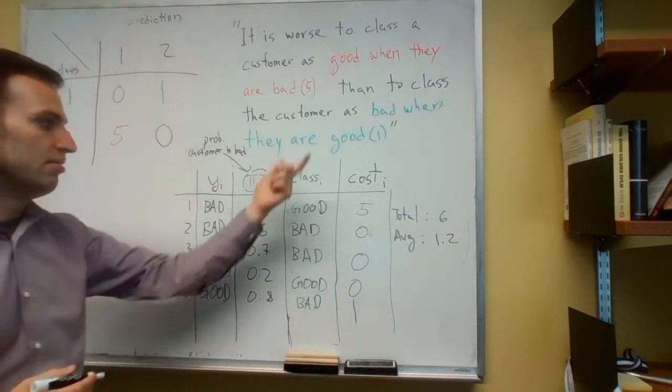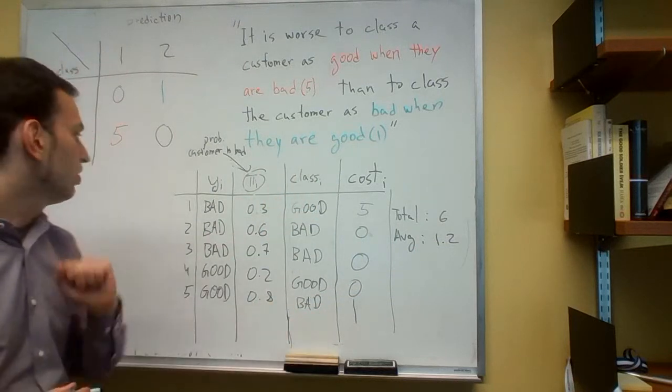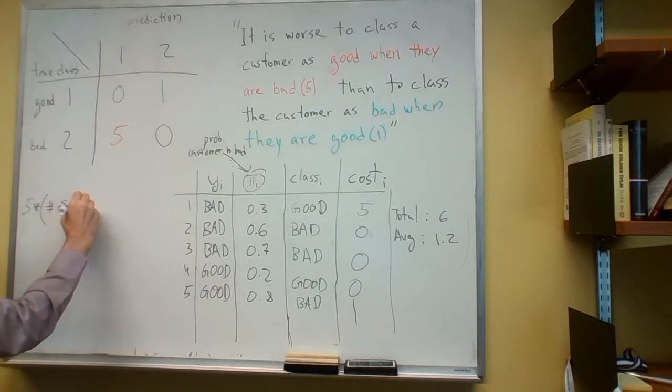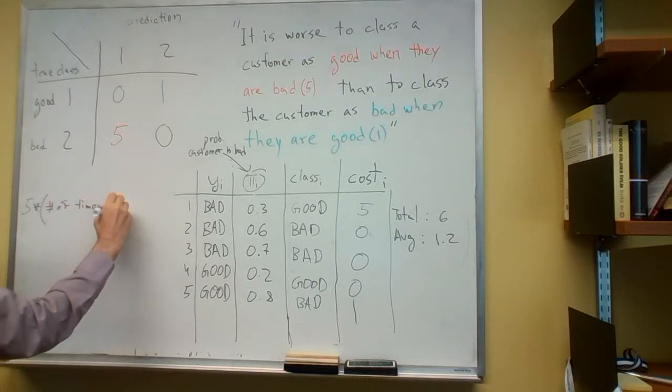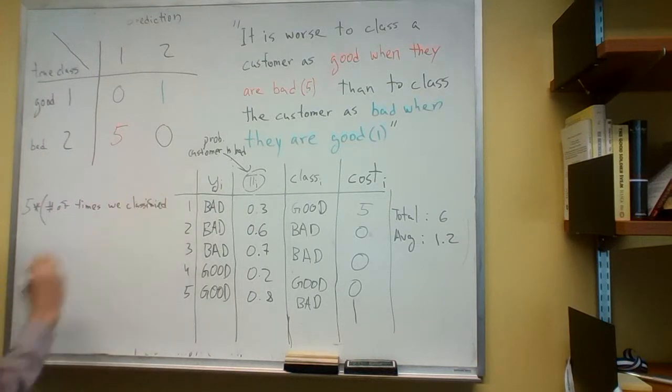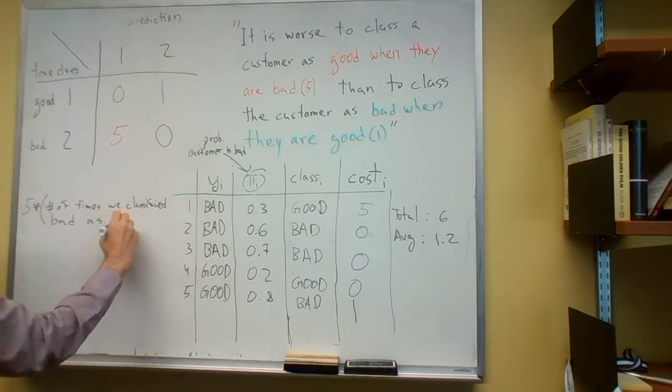Okay, so how to figure this out? Here's one way you can go about it. You can say, we'll take 5 and multiply it by the number of times we classified bad as good.